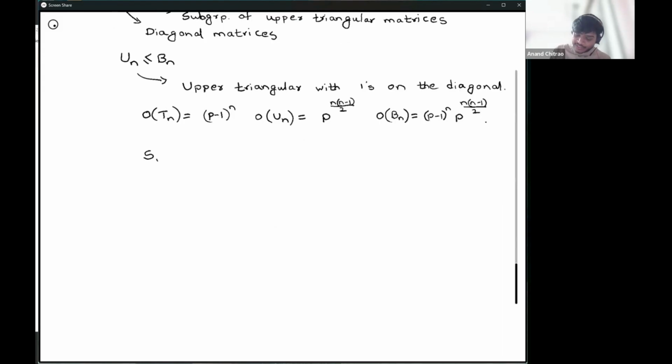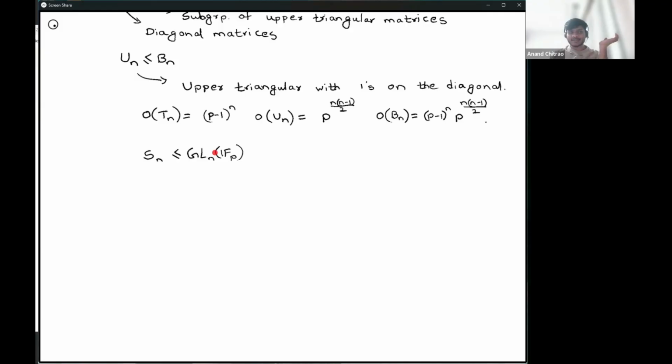Can you see how Sn is a subgroup of GLn? It doesn't matter what field you take, Fp or R. Say this out loud. You want to realize permutations as matrices.